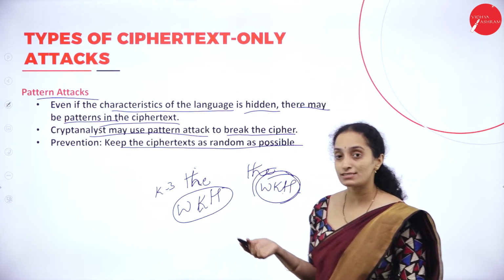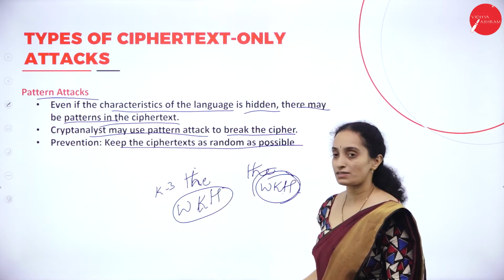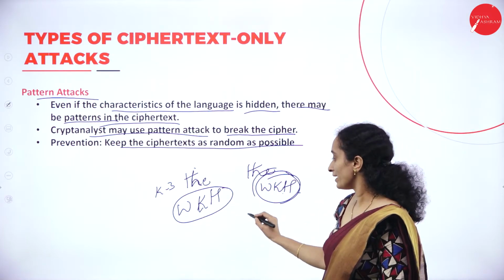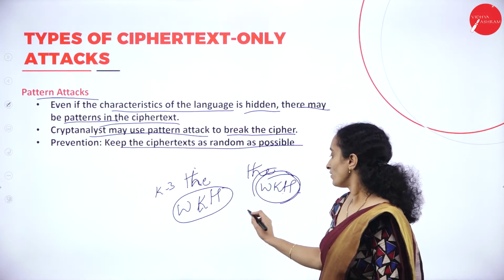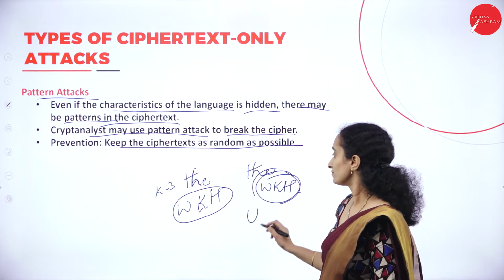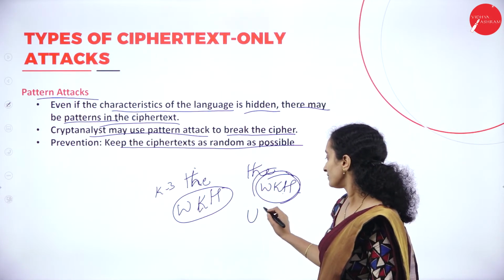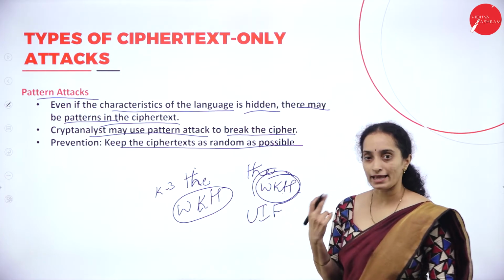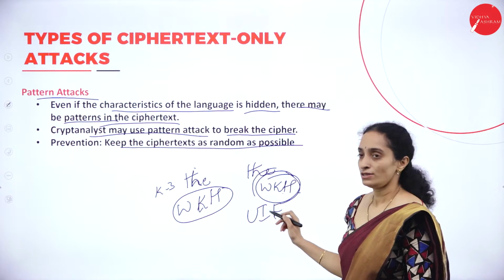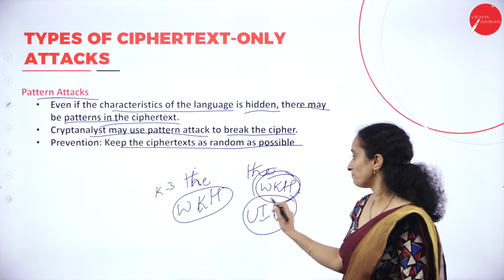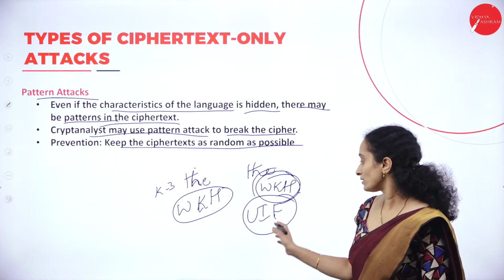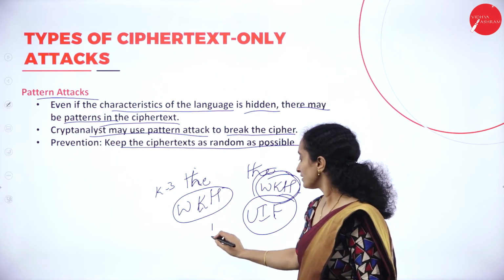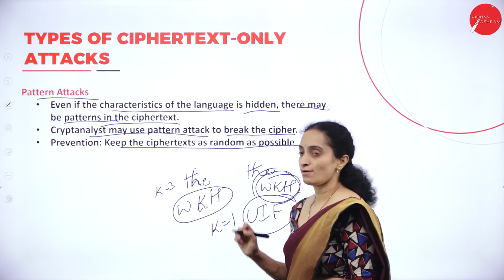Keep the ciphertext random. Sometimes if it is written as WKH, for the next THE, make it UIF. Next time, you encrypt THE using UIF with key equals 1.